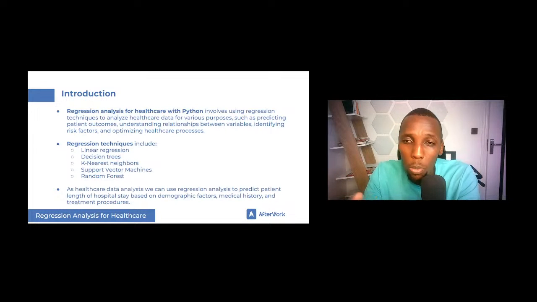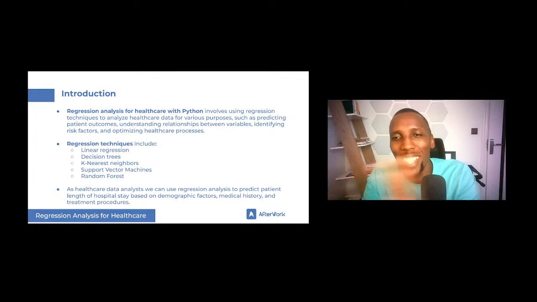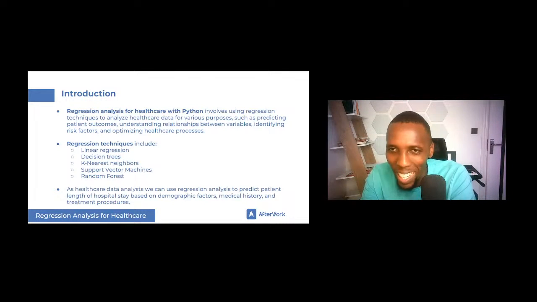It has multiple values that range. Maybe it could be real numbers, from zero and upwards: it could be 0, 100, 300, 400, 1,000, a million. So you can think of it as a numerical variable. On the other side, you may have a class or a category that you want to predict.